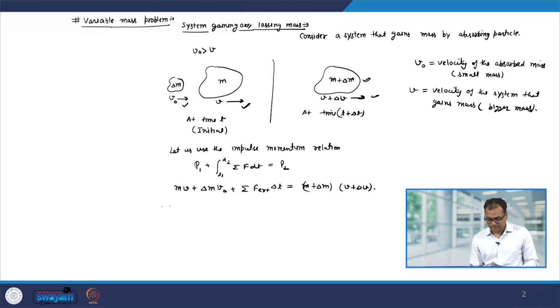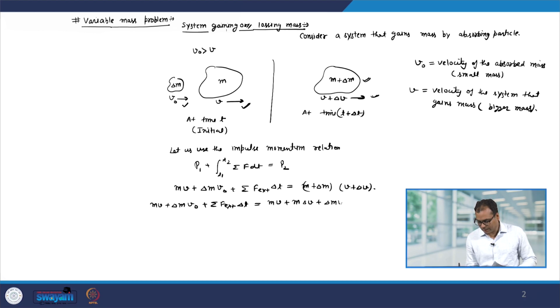Okay, so let us expand it. We have mv plus delta m v naught plus summation F external dt equal to mv plus m delta v plus delta m v plus delta m delta v. Now since delta m and delta v both are small, their product will also be small. So we can neglect this term, because it is second order in delta. Now mv will get cancelled with this mv.